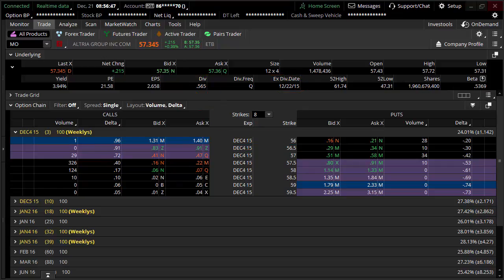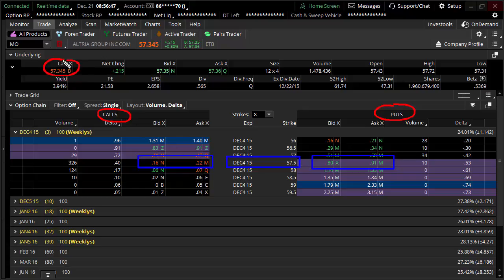And in essence, to do that, blank the screen for a moment. We're going to look at the 57.5. We're going to look at both the calls and the puts. Now, the reason I bring up both calls and puts, and again, everything on the left side of your screen is calls, everything on the right side is puts, is the pricing on here.